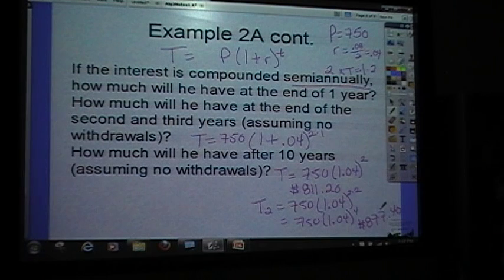How about 3 years? We'll go over here, that third term, 750, still, 1.04. This time I'm not going to take 2 times 2, I'm going to take 2 times 3. So I'm going to plug in 6 as that exponent. Looks like I get $949 even.